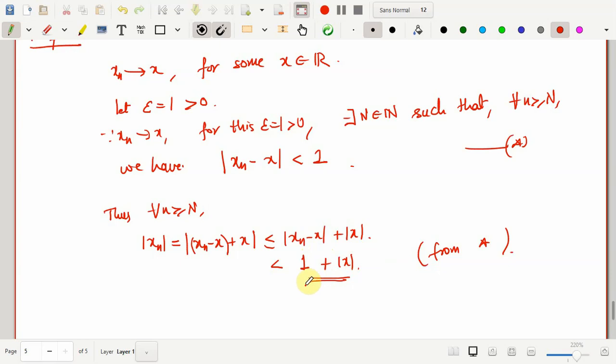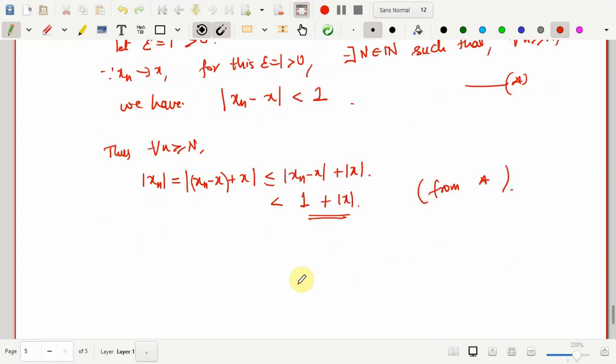As we want. Now there's a little hitch over here, which is that this is true only for those terms which are greater than or equal to N. So we are able to find a bound for those terms of the sequence which lie after this N: xN, then xN plus 1, and this goes on.